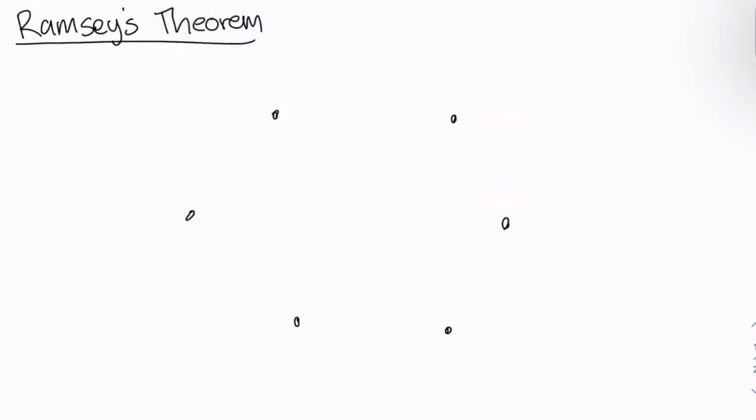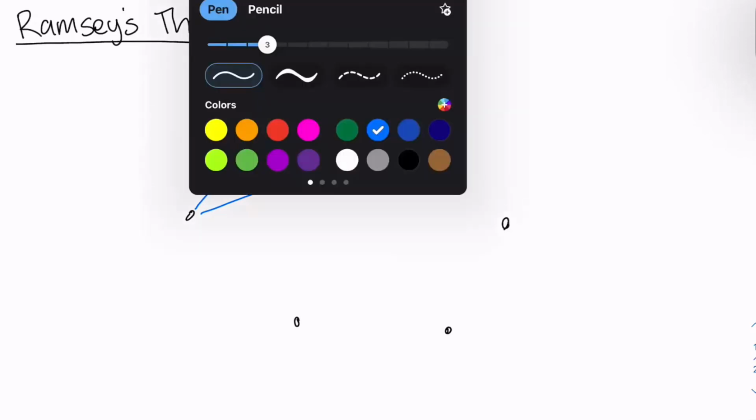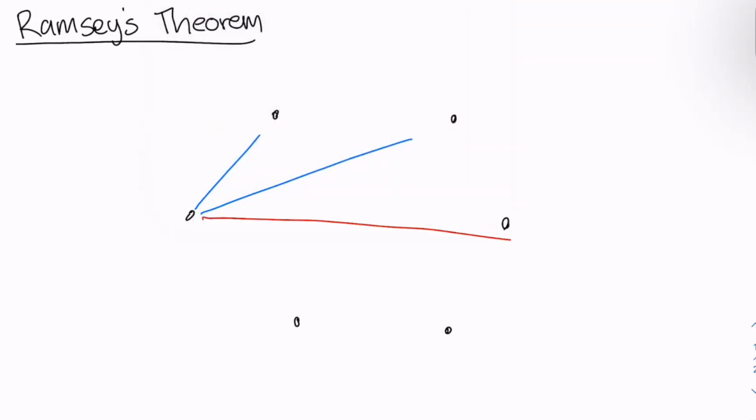And what you notice is you're always going to have at least three lines of one color coming off this person. So this person is always going to know at least three people, or if they don't know at least three people, then they're going to not know at least three people.